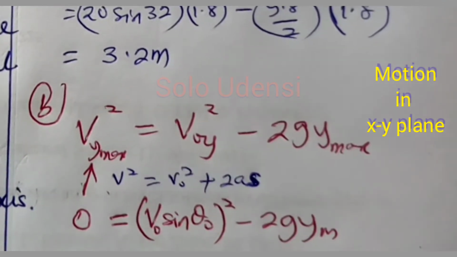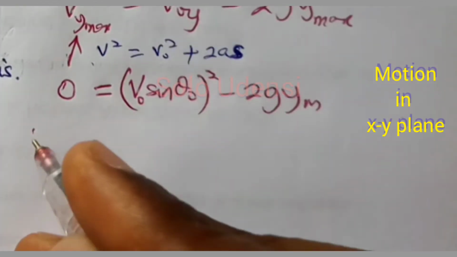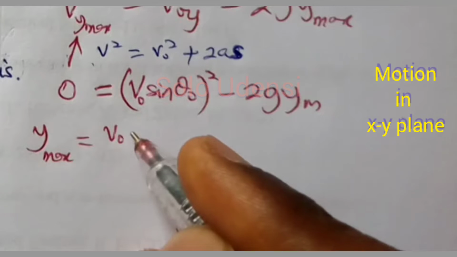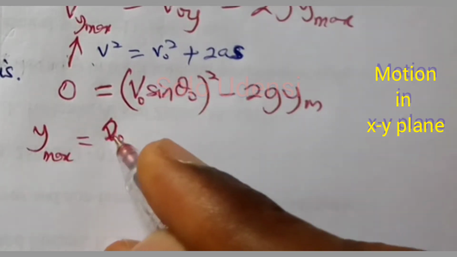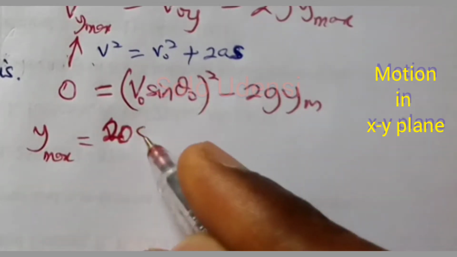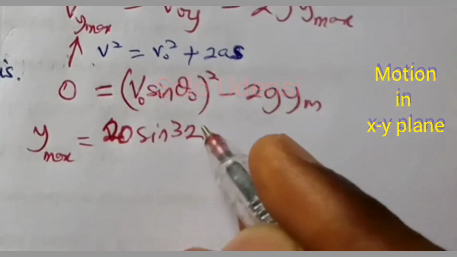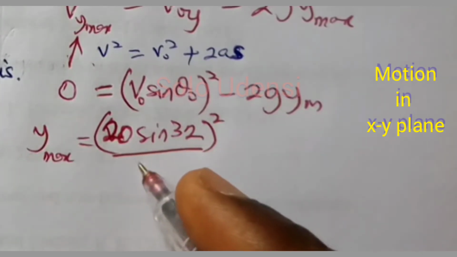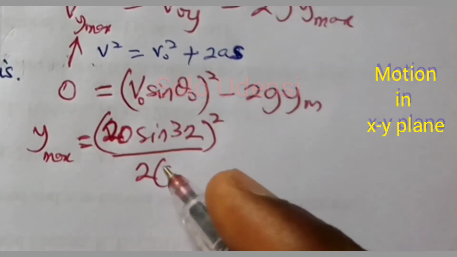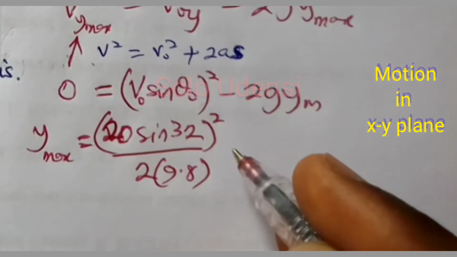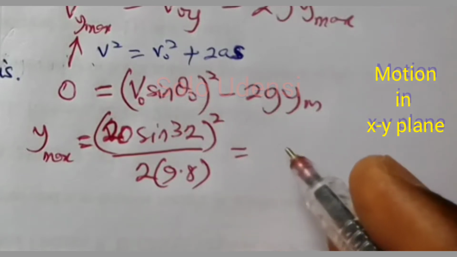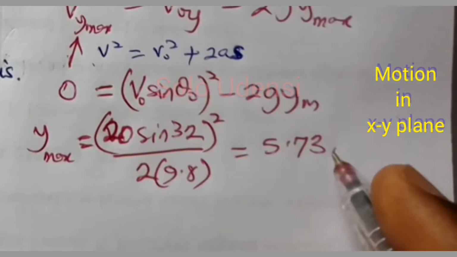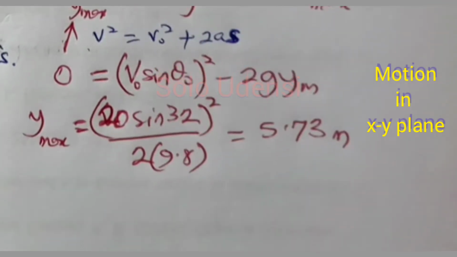So our y max now becomes v naught sine theta naught squared over 2g. Let's plug in: 20 sine 32 squared all over 2 times 9.8, and if we do it, you will get 5.73 meters. That's the maximum height.